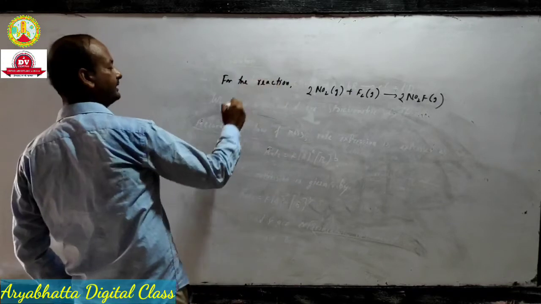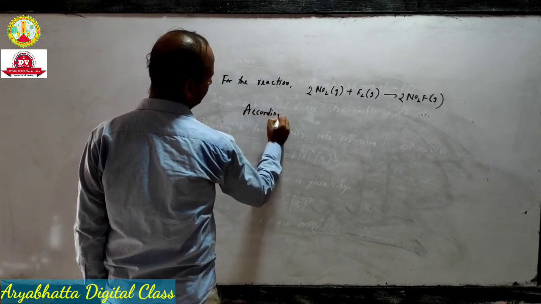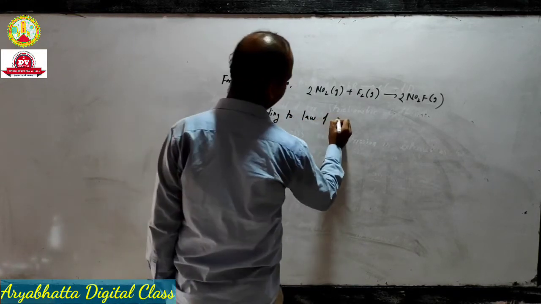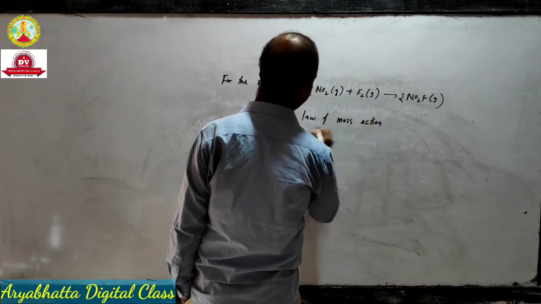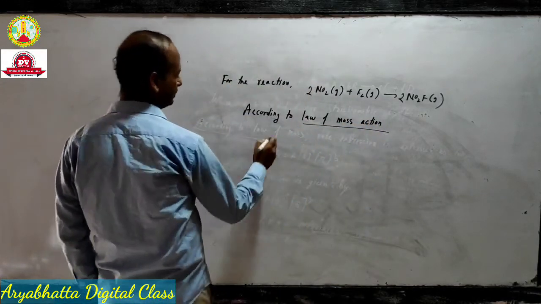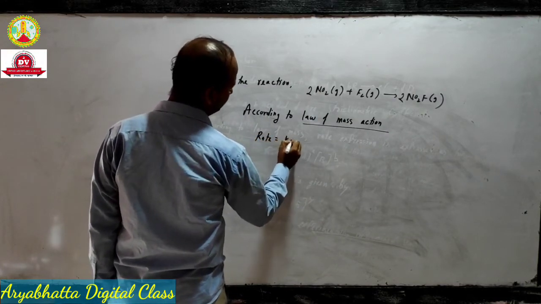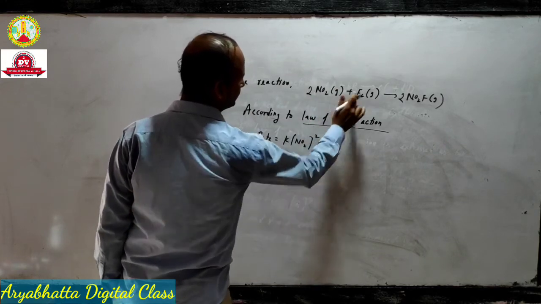How is its rate written? According to law of mass action, rate equal to k [NO2] squared [F2].